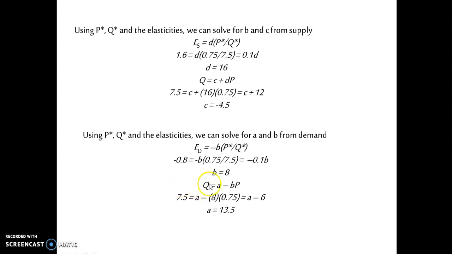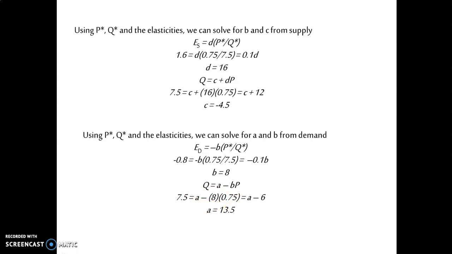So now we have the following information for our next step. Step 2, we have our value for our quantity. We have B as well as P. So by substituting our equilibrium quantity of 7.5, our parameter B equal to 8 and price equal to 0.75, our only unknown now in step 2, A, by rearranging and solving for A, is equal to 13.5.